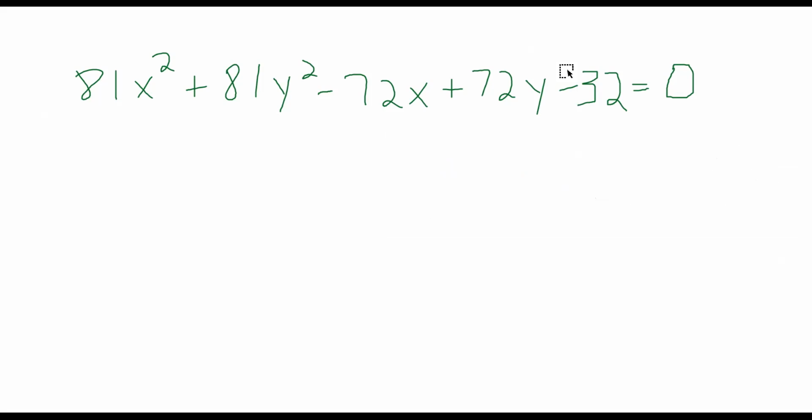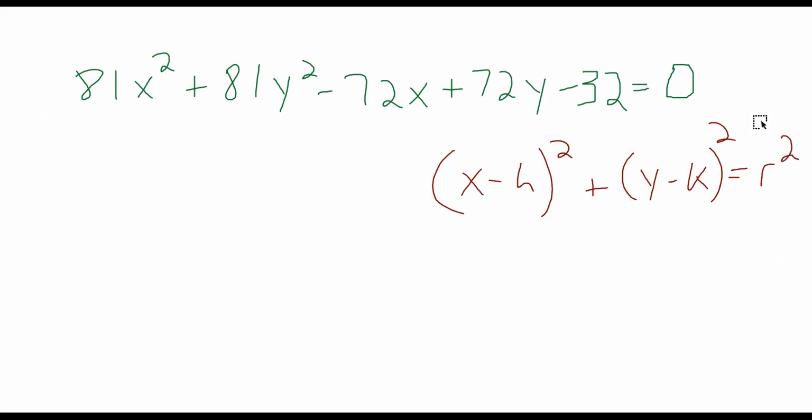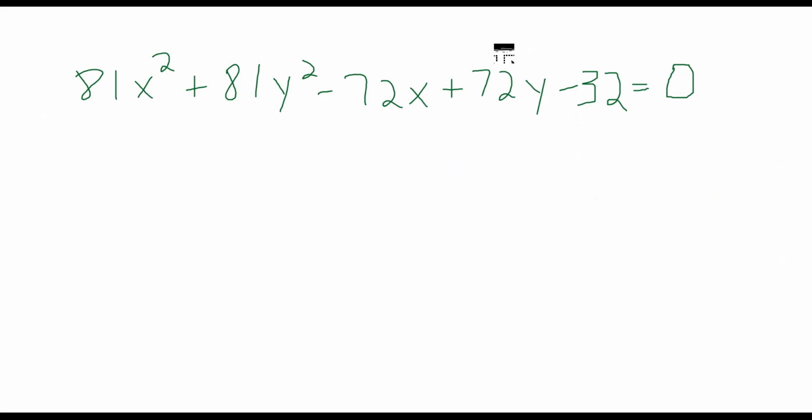The first thing I would like to do is have this constant on the other side, because remember in the equation of a circle, which I just erased so I'll bring it back, my radius squared is a constant that's going to be on the other side. So add 32 to both sides, and now you're going to end up with this equals positive 32.